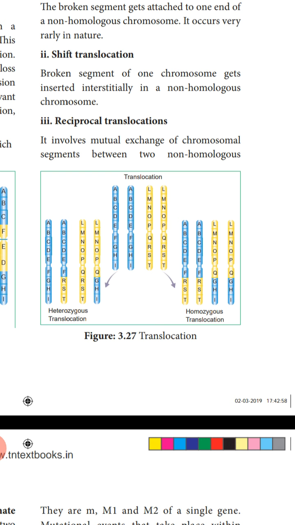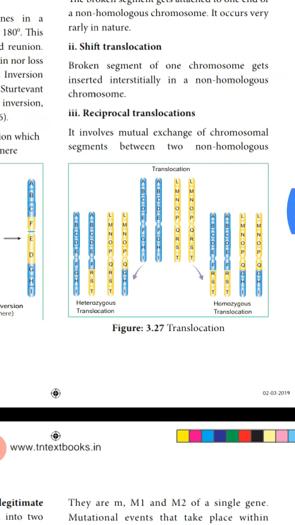Similarly, L M N O P Q G H I is found again in both the sister chromatids. So all the four chromosomes are the same, then it is called homozygous translocation. That is, they are the identical type.